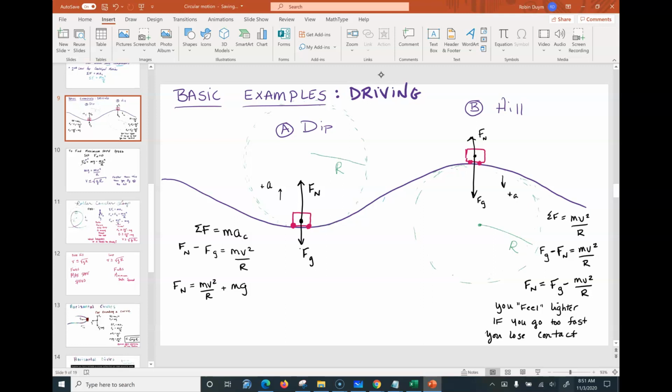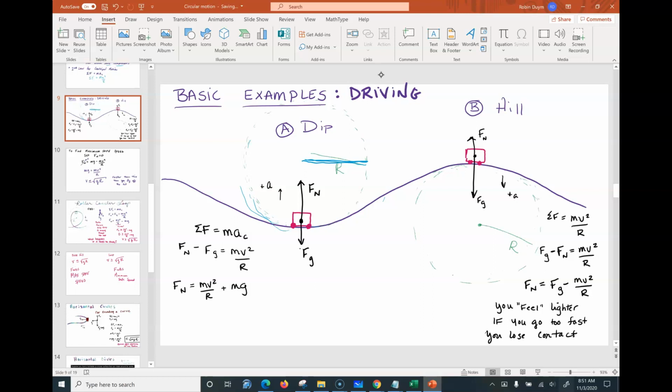There's an imaginary circle here that gives you the idea of what the radius of this curvature is. This is not really drawn to scale, but here would be a better example of what my radius would be. There's my radius r.